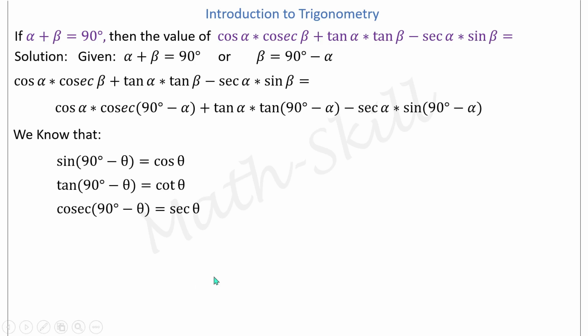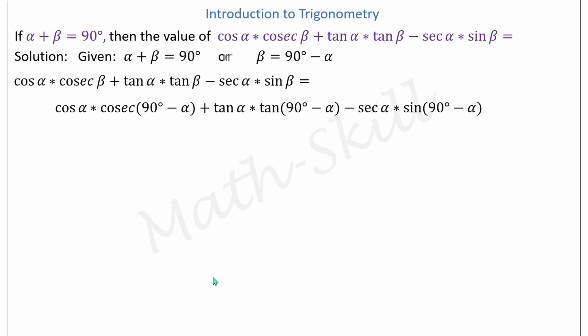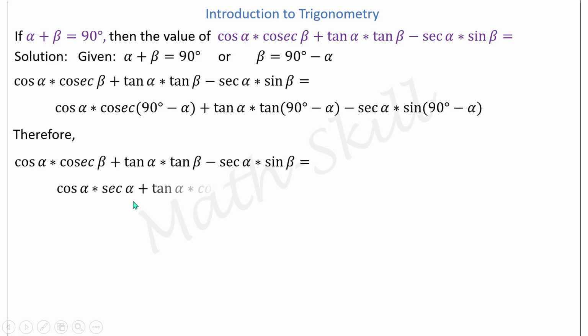Therefore, in place of cosecant of 90 minus alpha, it is replaced with secant alpha by using the trigonometric identity for complementary angles. And tan of 90 minus alpha is cot alpha and sin of 90 minus alpha is cos alpha.